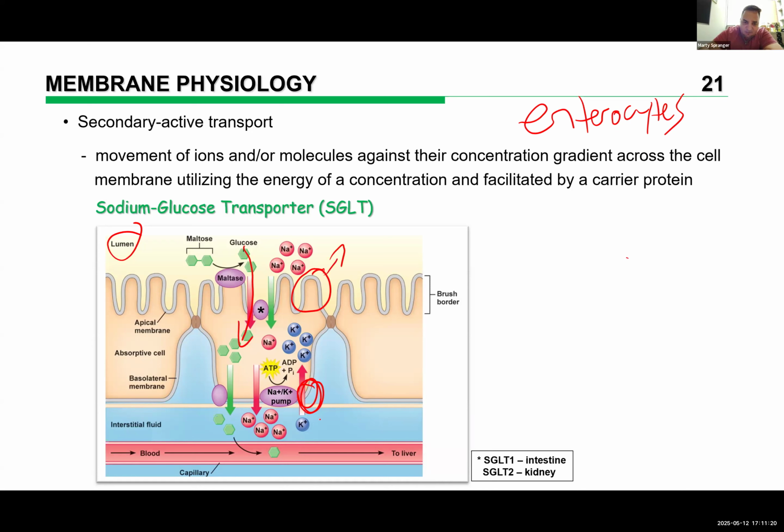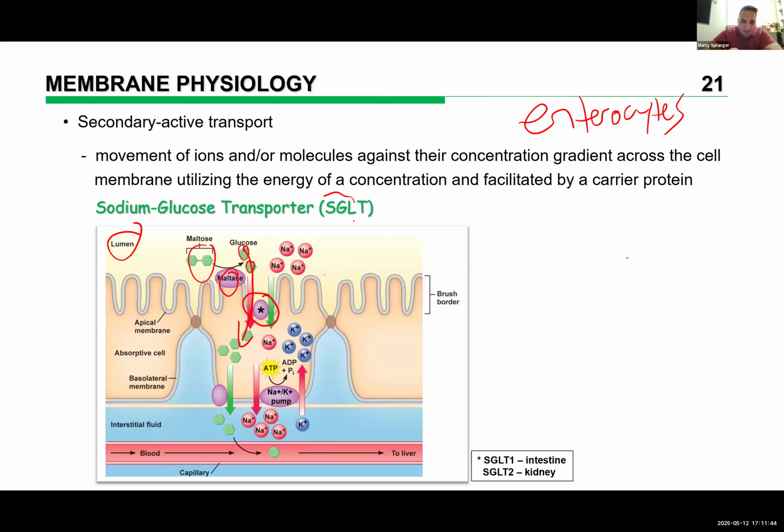Basal side of the cell is what faces the blood or the connective tissue. In their apical border, they have these microvilli. And in the membrane of the microvilli, they have enzymes. And one enzyme is maltase that can cut, for example, maltose up into glucose and glucose. Well, then how does glucose get into the cell?